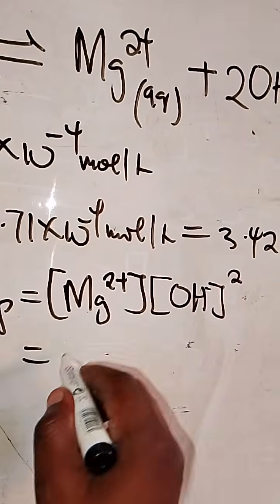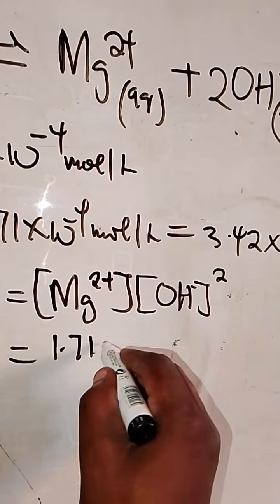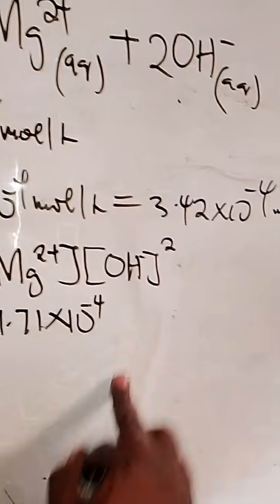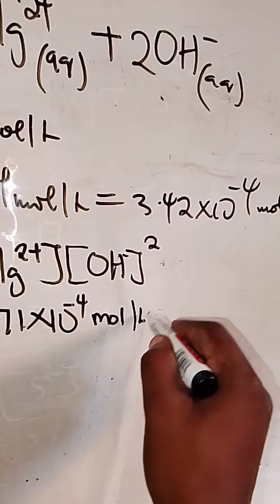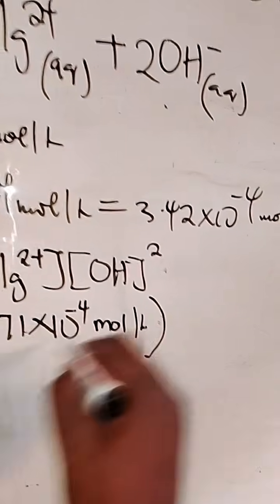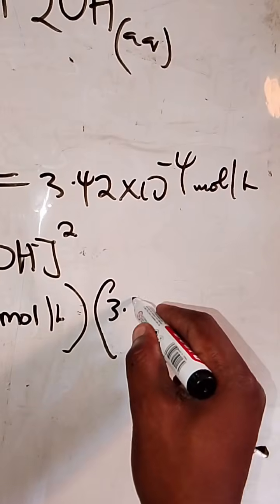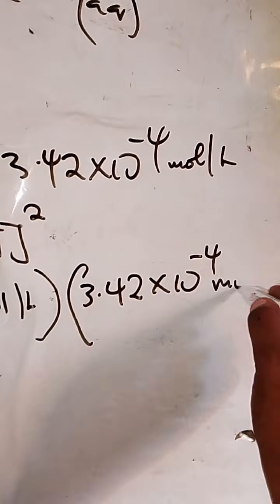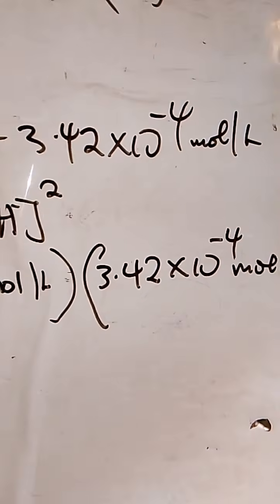For magnesium we have 1.71 times 10 to the power negative 4 mol per liter, then for hydroxide we have 3.42 times 10 to the power negative 4 mol per liter, squared.